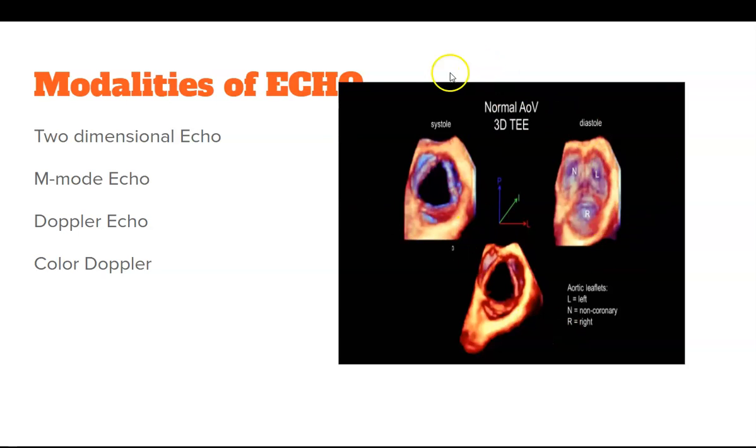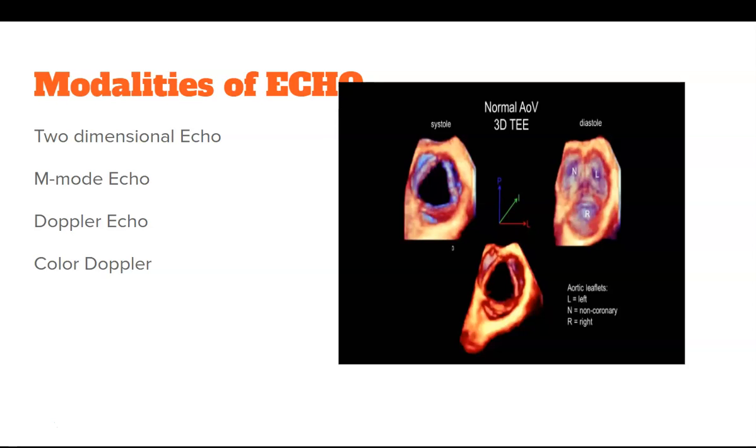Here I have given an image of a color Doppler, so you can beautifully view the heart image with the help of this color Doppler. Color Doppler and Doppler will give the deoxygenated and oxygenated blood in blue and red. Okay, so you can easily understand the structures and the blood circulation inside the chambers.